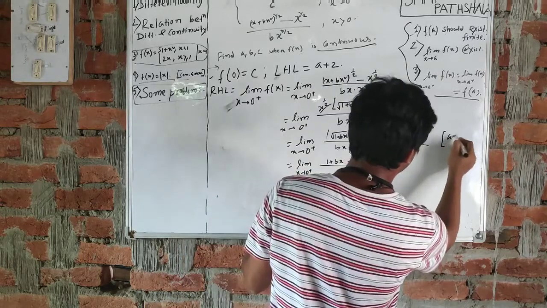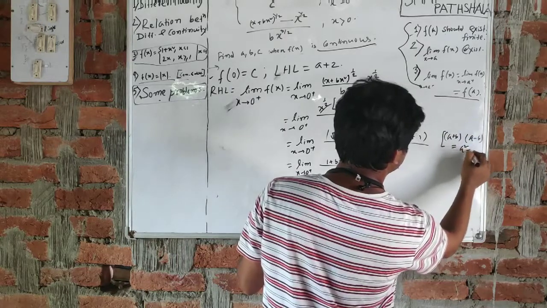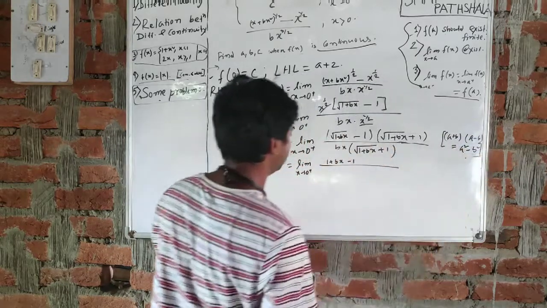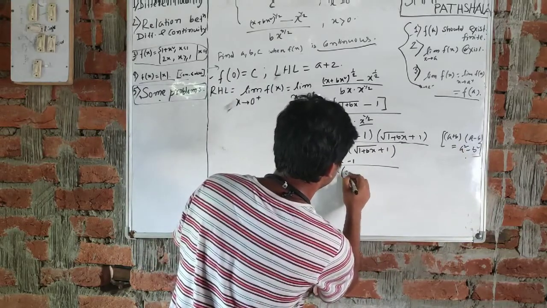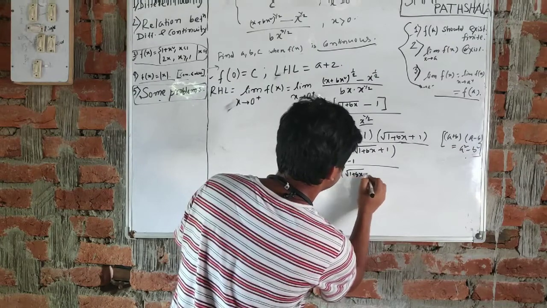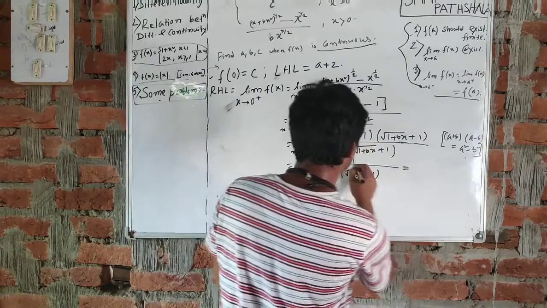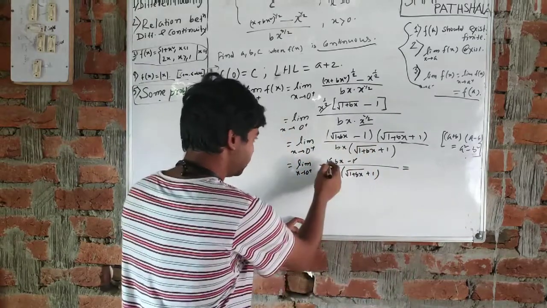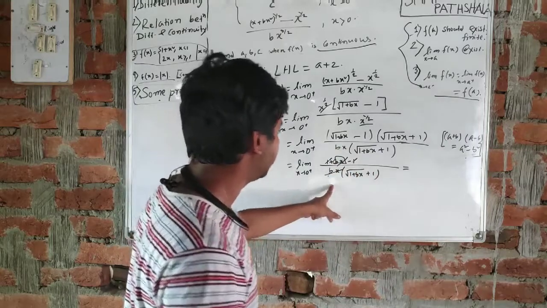This is nothing but (a plus b) into (a minus b) is equal to a square minus b square. So bx over root over of 1 plus bx plus 1. Right? Now these 1 and 1 will be cancelled. Then we will have only bx in the numerator, which will be cancelled by the bx in the denominator.